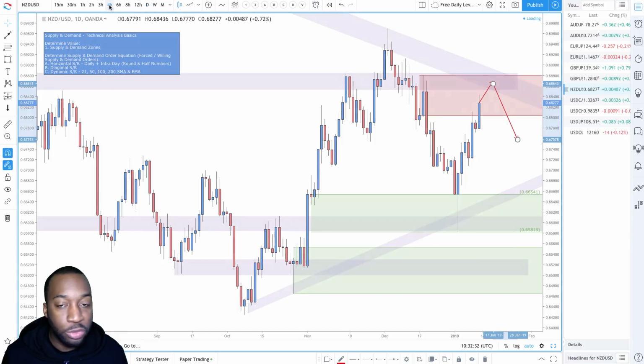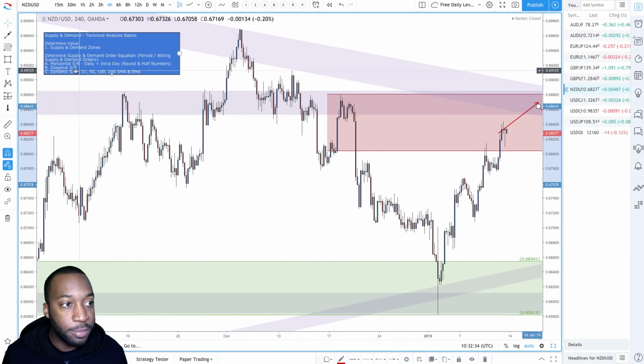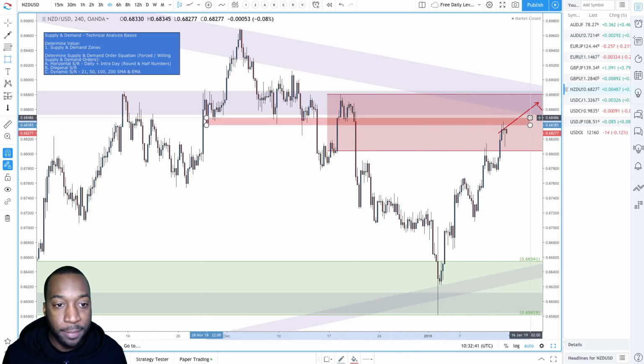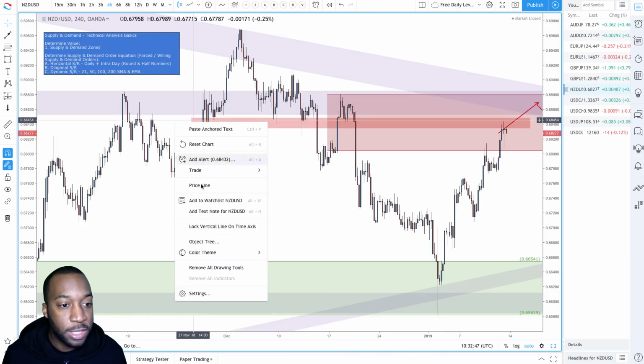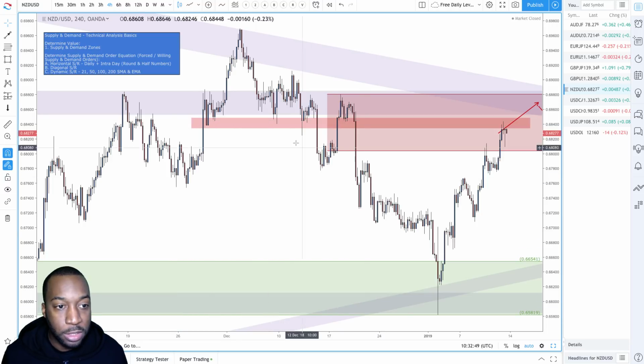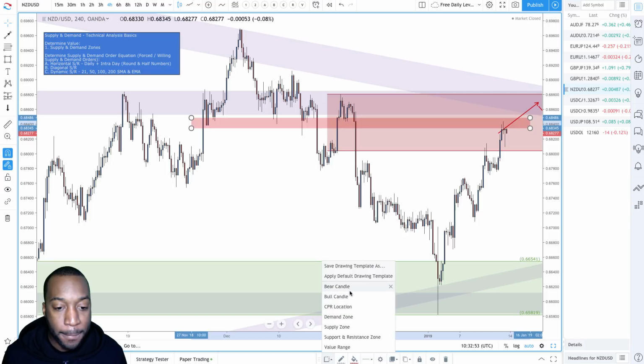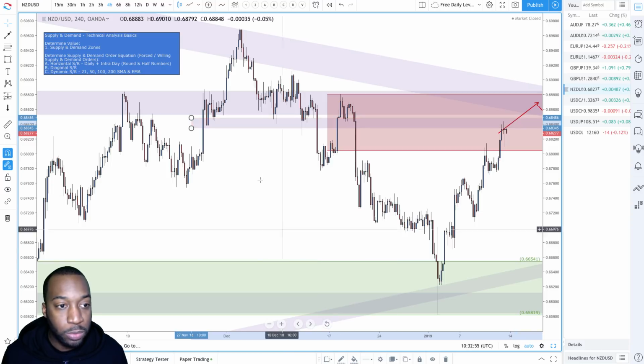Again, if you were to zoom down into a lower time frame, then you'd be looking at probably an area like that, where you can start to see some definite support and resistance. Let's change this to support resistance.